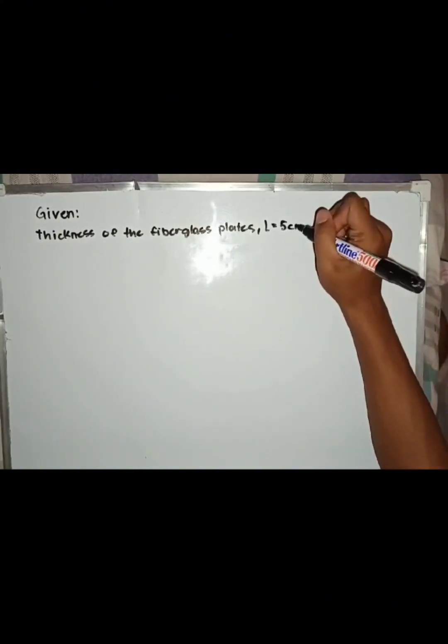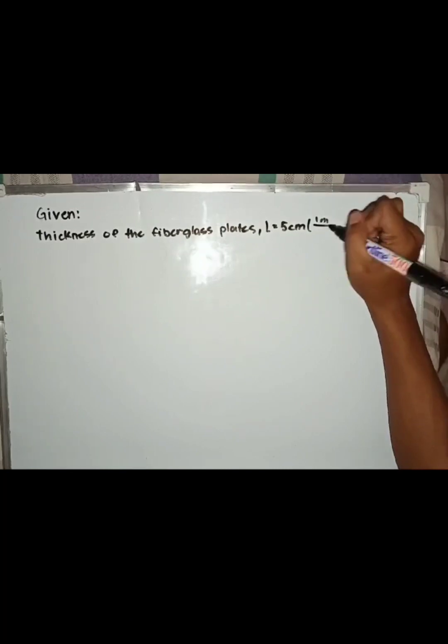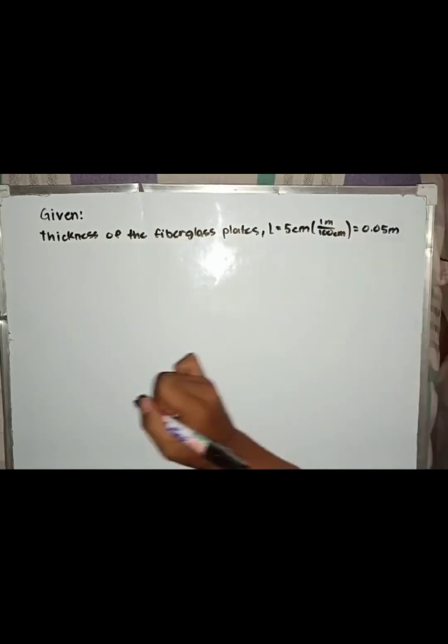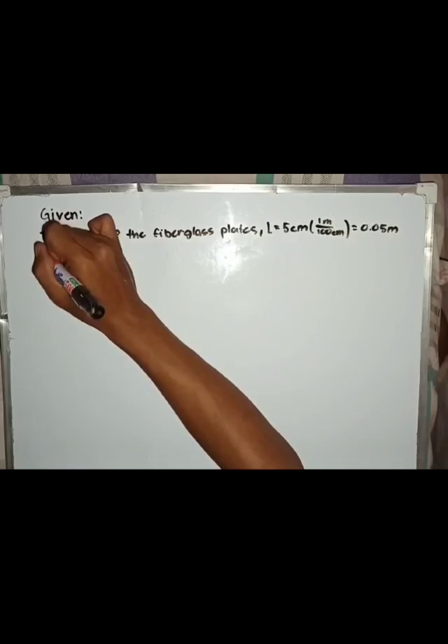To be consistent, let's convert this 5 cm to 0.05 meter by multiplying it by 1 meter over the equivalent of 100 centimeters. So 5 centimeters times 1 meter over 100 centimeters is equal to 0.05 meter.